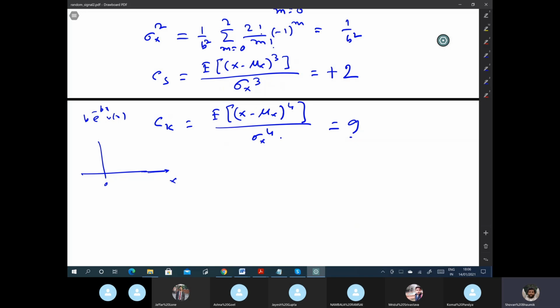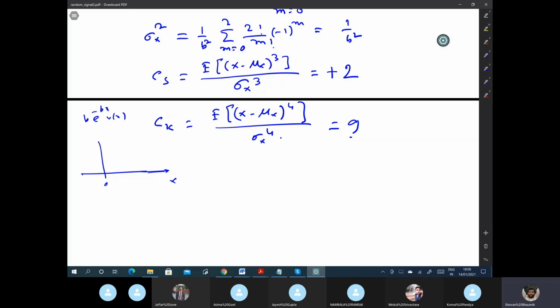This is f of x, and this is 9. Fine, no issue. Is it okay? Central moments, others you can calculate, right?